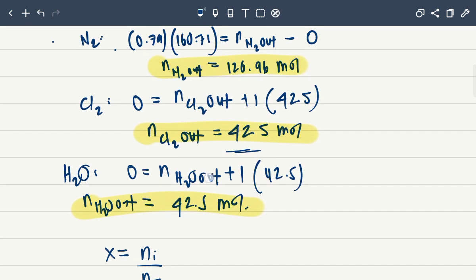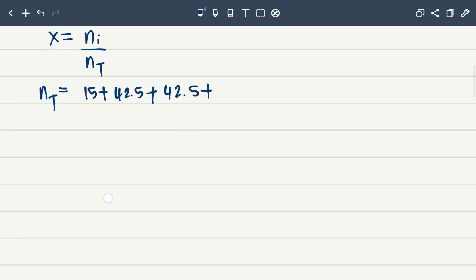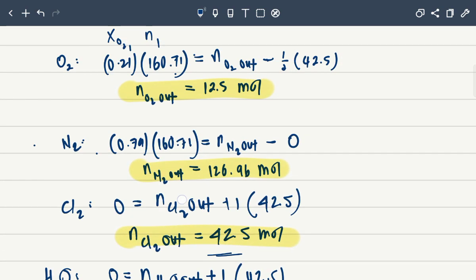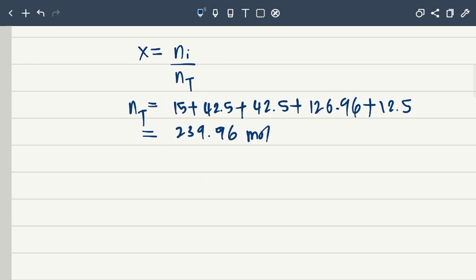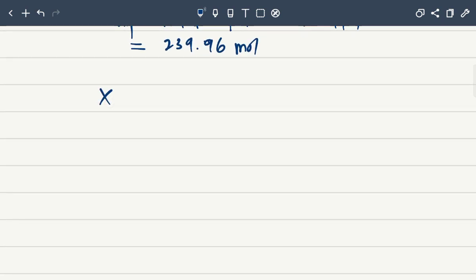Okay, and then 126.96. Apa lagi ada 5 kan tadi. So 112.5. Tap the calculator, you get 239.96 mol.